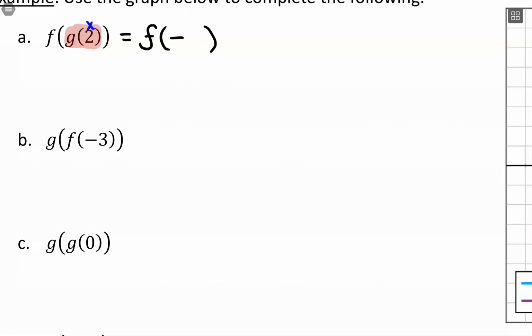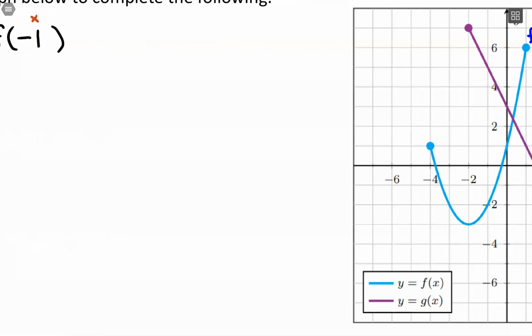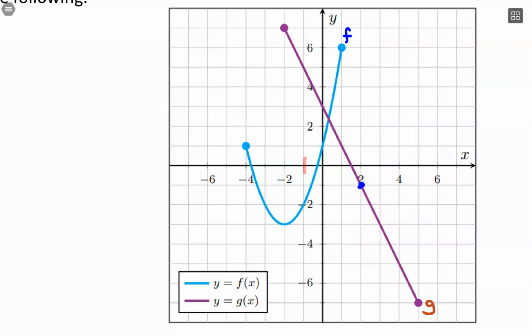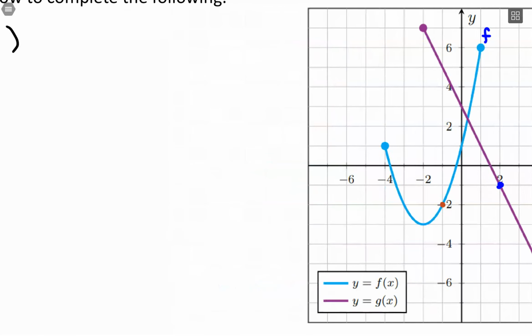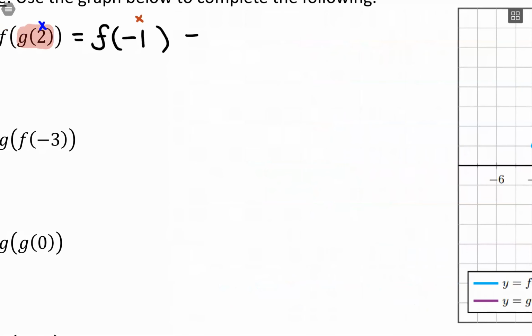So really, I'm looking at f of negative 1 here. I go to my graph with x equals negative 1 and see what f of x is doing. At negative 1, looking at my parabola, I have this point negative 1, negative 2, so I grab that y coordinate of negative 2. And that would be our value.